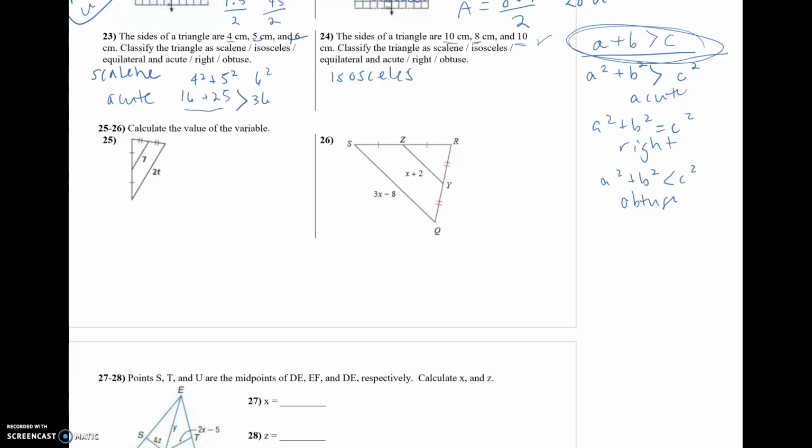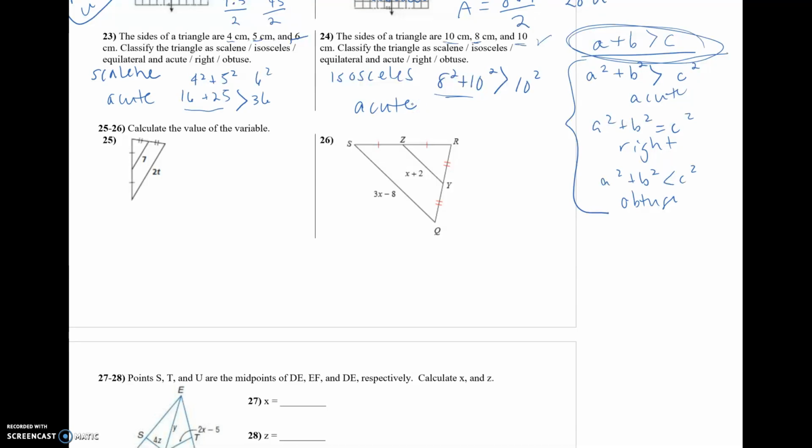Now to determine if it's acute, right, or obtuse, we run our test using the Pythagorean theorem. 8 squared plus 10 squared compared to 10 squared. Well, I don't really even have to do any of that math. If I'm adding 8 squared to 10 squared on the left, I know that's going to be bigger than just 10 squared by itself. So again, because a squared plus b squared is bigger, we have another acute triangle.